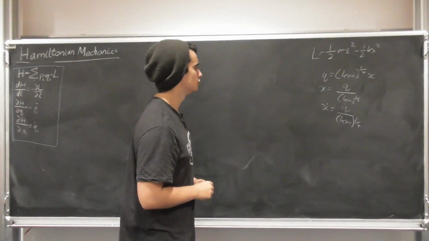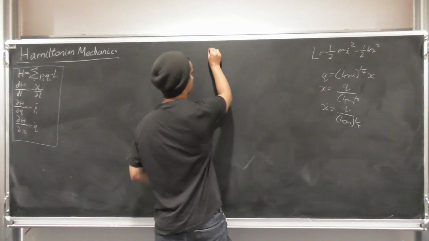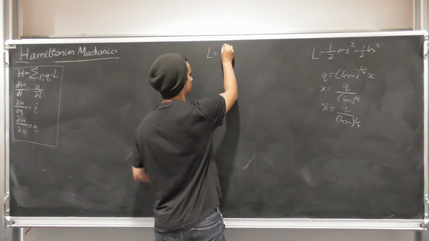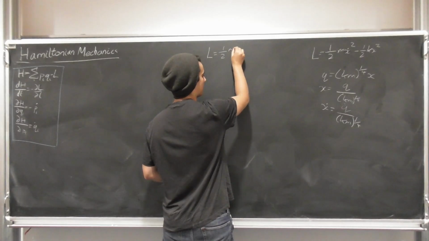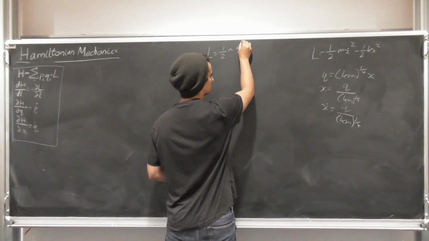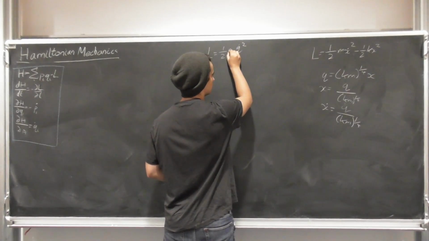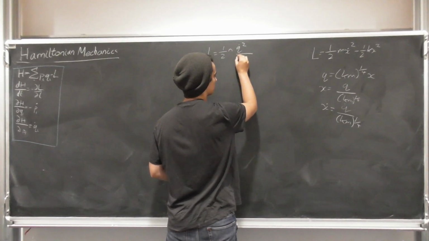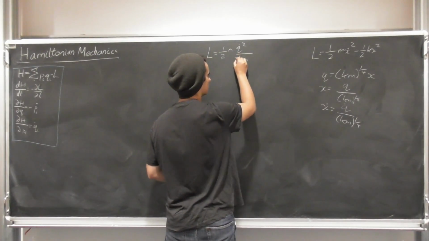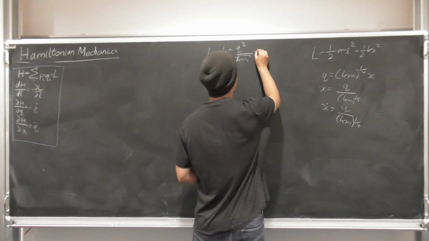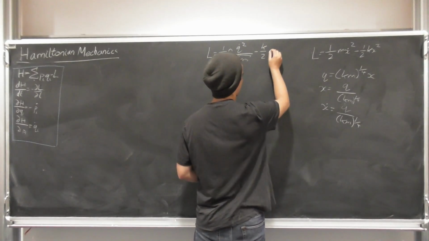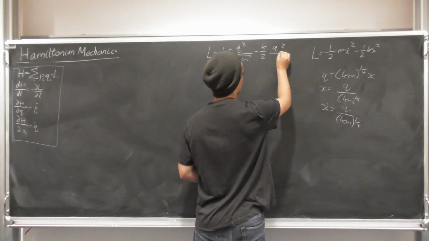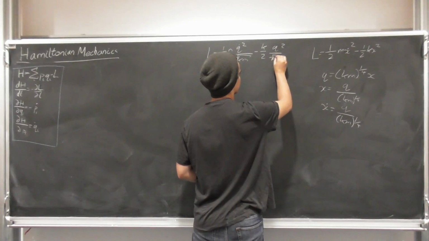Right, so let's swap this in our Lagrangian, and so we'll get that L is equal to 1/2 m q dot squared over the square root of km, minus k over 2 q squared over the square root of km.